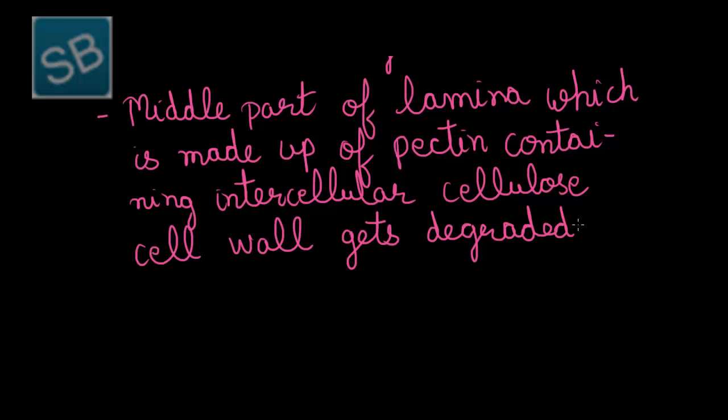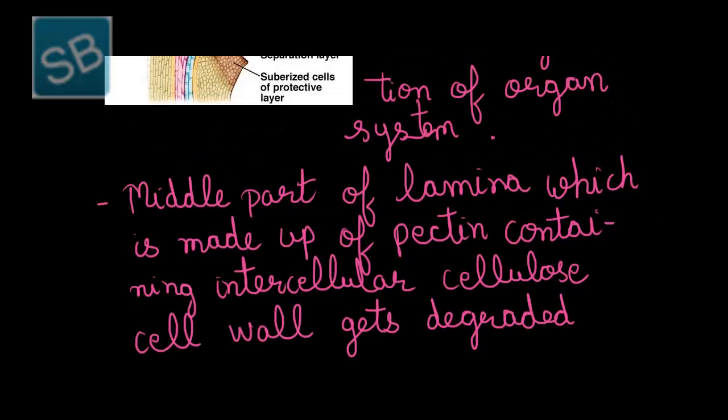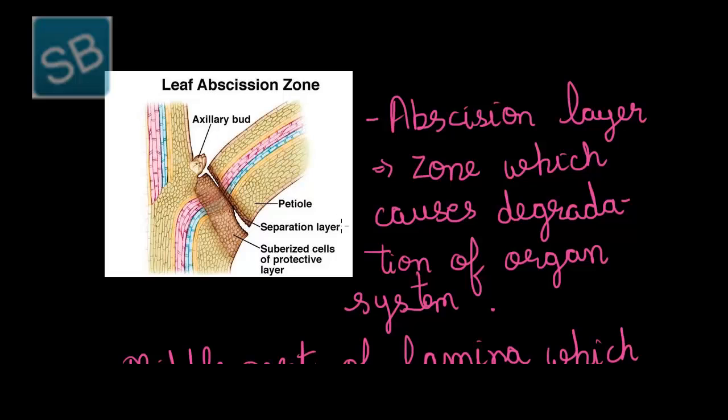Thus, it is due to this separation zone or abscission layer that the lamina and the petiole portion, which consist of pectin and cellulose, get degraded. As a result, the gradual death of the plant occurs, which causes senescence due to abscission.